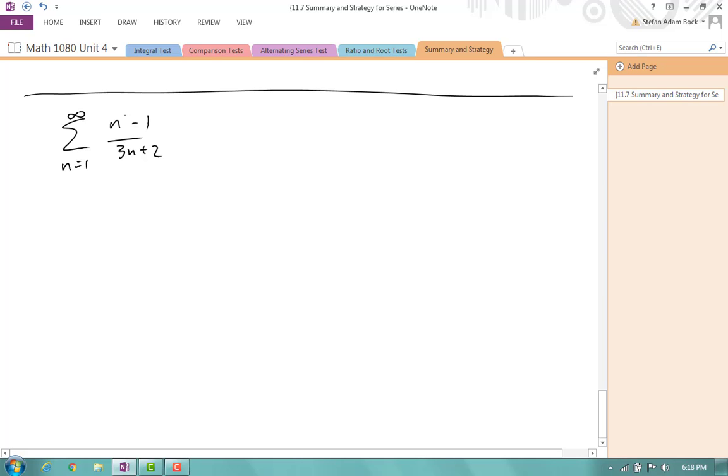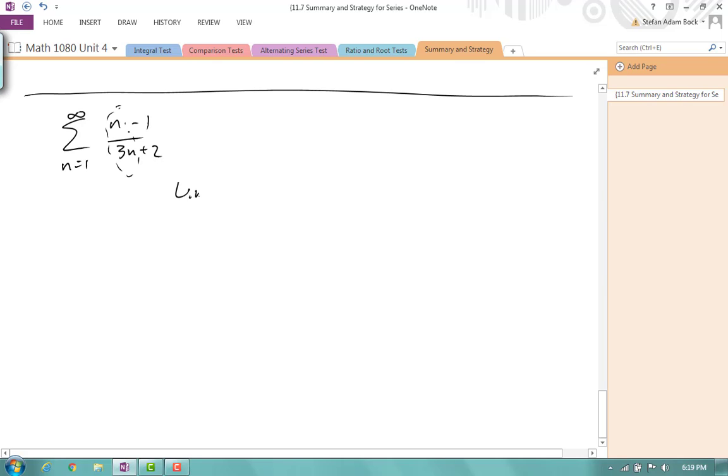So I would try to compare this with a p-series. But if I'm thinking about comparing it to a p-series, that means I'm essentially going to be looking at the largest terms in the top and the bottom. But the largest terms in the top and the bottom are both n with the power of 1.